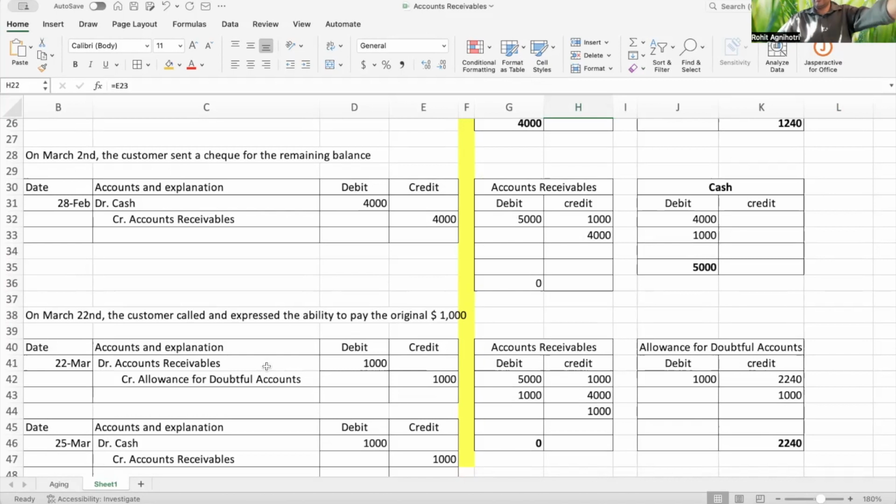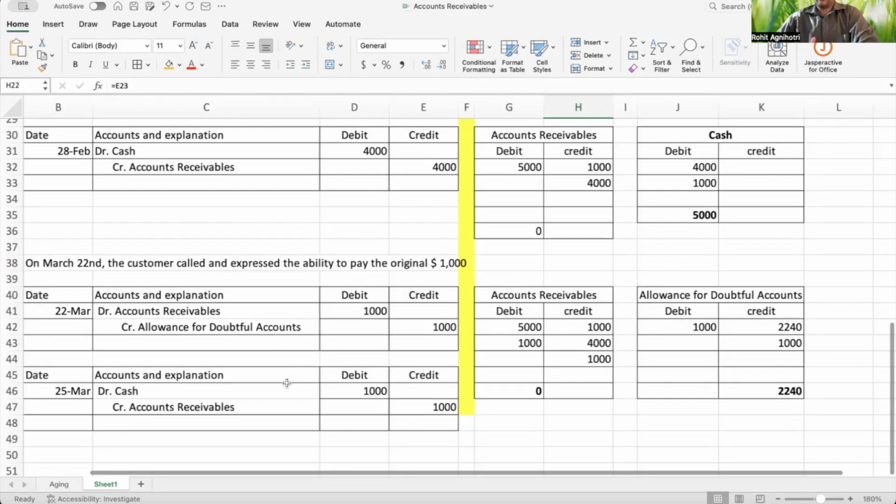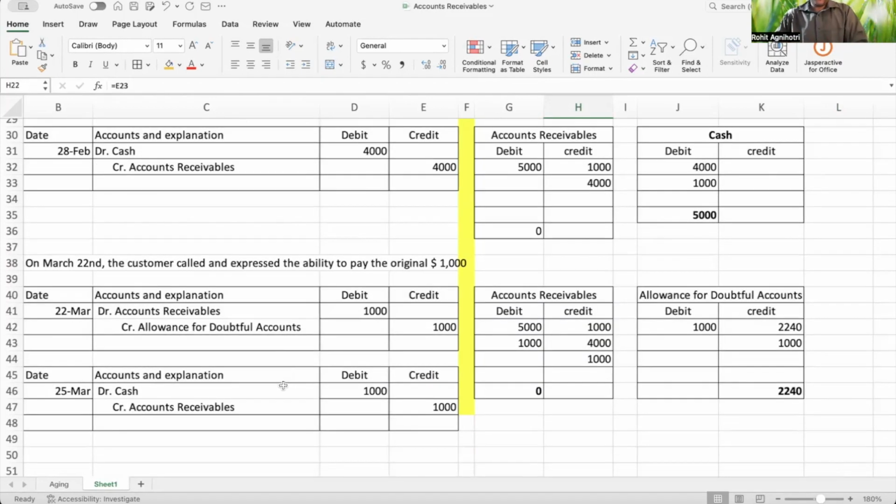You again debit your accounts receivable and credit your allowance account. And then the last part was the customer paying you the remaining balance of $1,000. So this was just an exercise. We will solve some more questions together at a later date. In this presentation, that was basically it.